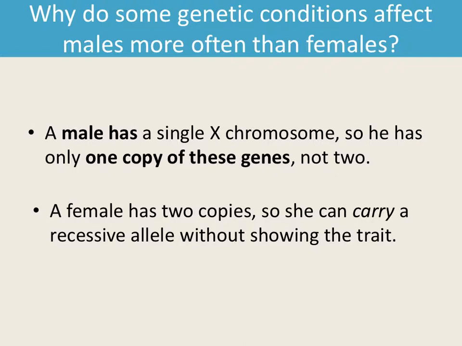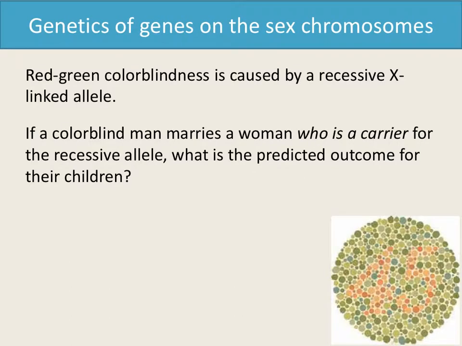Okay. So why do some genetic conditions affect males more often than females? A well-known example. On the X chromosome, there are genes that affect the cones in your eyes. Those are the ones that detect not only light intensity, but color.